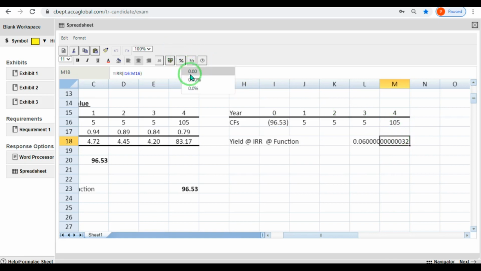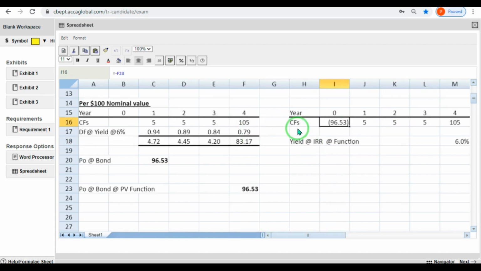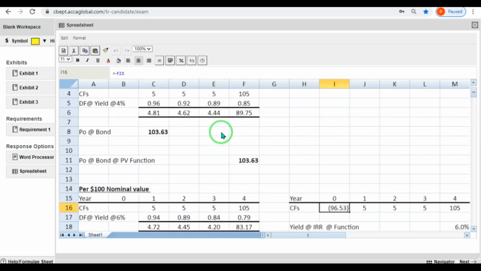In percentage, with 1 decimal, it's giving you 6%. So if you invest this much to get $5, $5, $5, $5, and another $100, that is equivalent to getting 6% per annum every year. So this is what we got here.